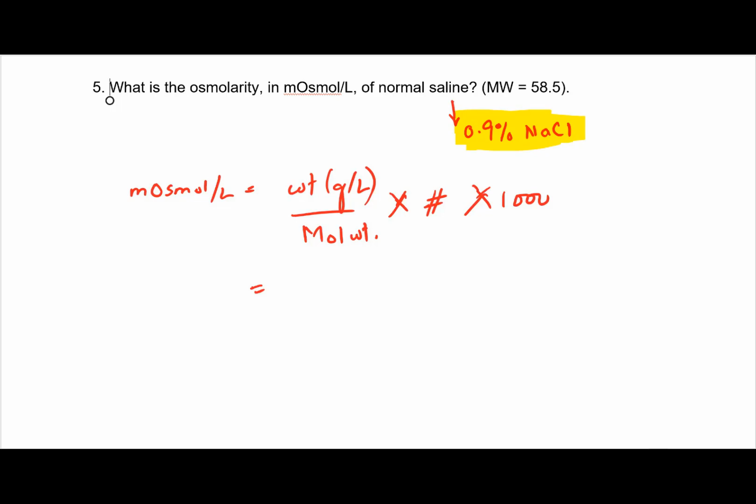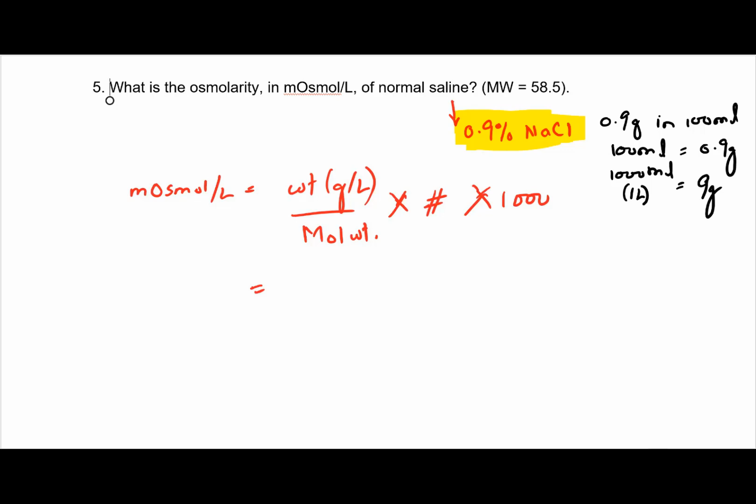So it's 0.9% sodium chloride. That means it's 0.9 grams in 100 ml. So in per liter, yes, very good. So if 100 ml has 0.9 grams, 1000 mls or 1 liter will have 9 grams.